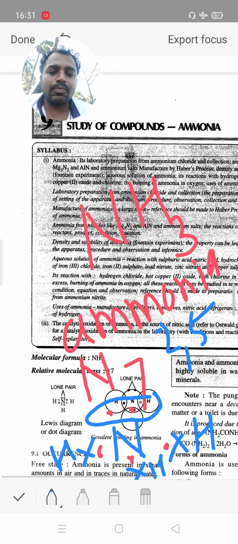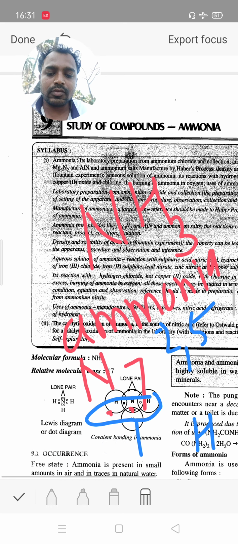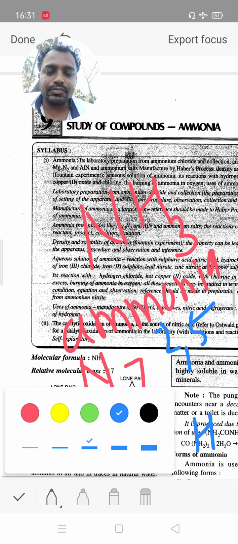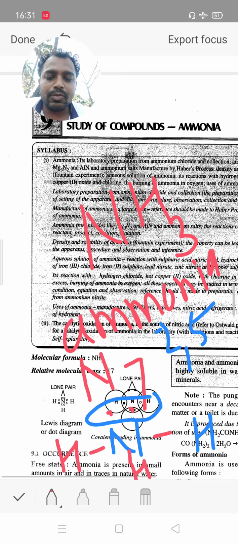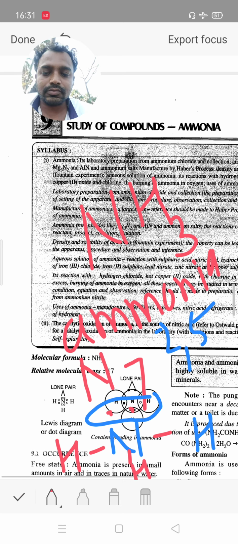This is the structure of ammonia, with dot and cross forming a single bond. In this there are a total of 3 bond pairs and 1 lone pair. This is the structure of ammonia.